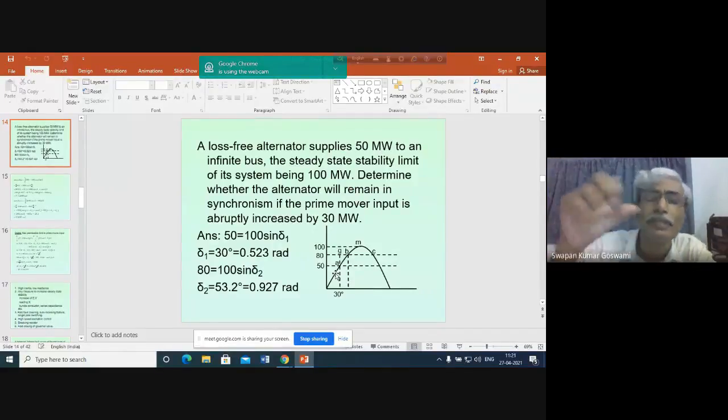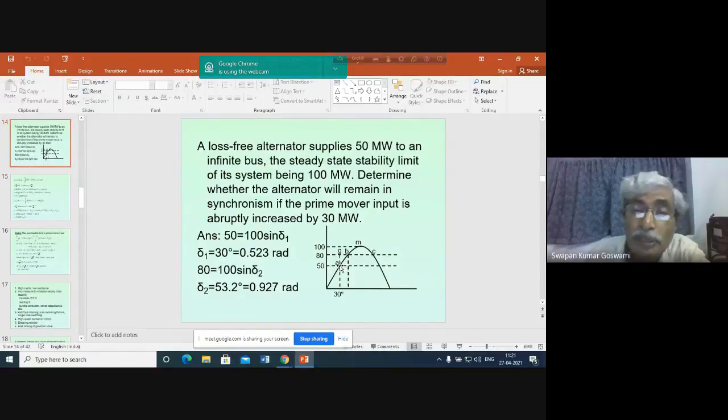Okay, so we shall now examine what is the maximum permissible increase in input power at this point, when the generator was operating at this point, such that the generator will be able to maintain synchronism. But you can understand that the magnitude of the answer obtained by us is valid for this present operating point only. Had the present operating point changed, the magnitude of permissible disturbance would also change.